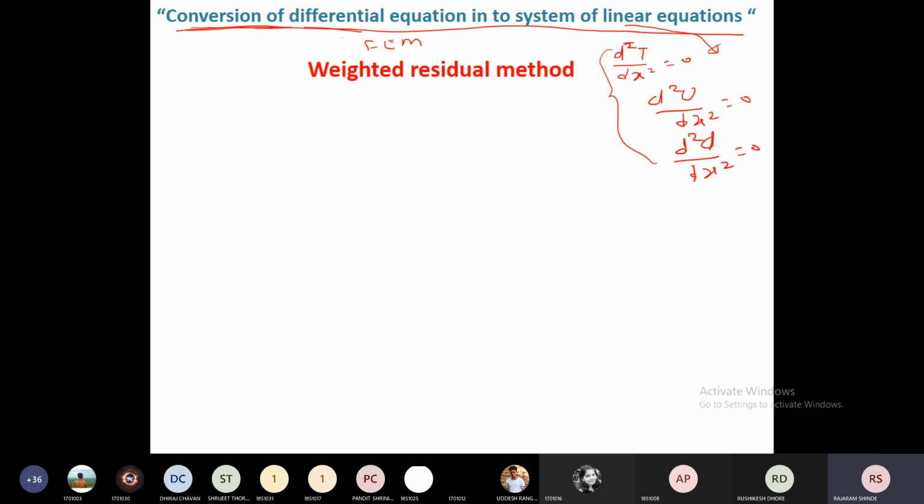What I want to tell you here is that if you observe all these differential equations, they are of the same nature. Only the variable is different: in thermal analysis it is temperature, in structural analysis it is displacement, and in fluid analysis it is the potential function phi.